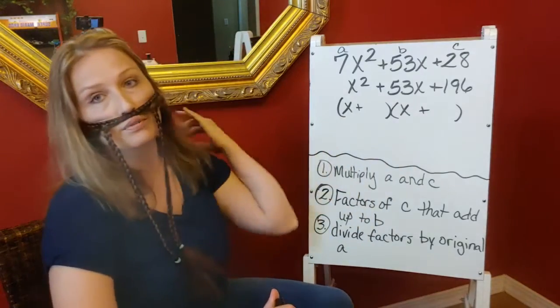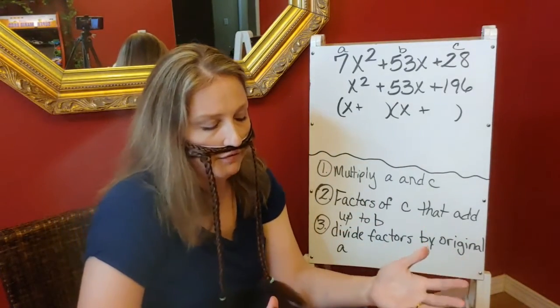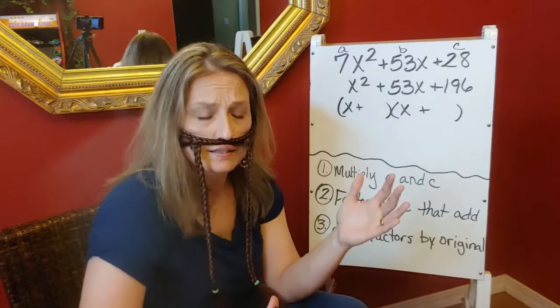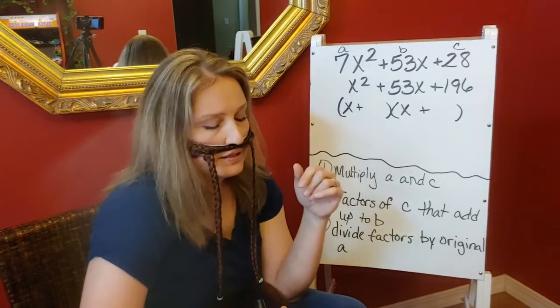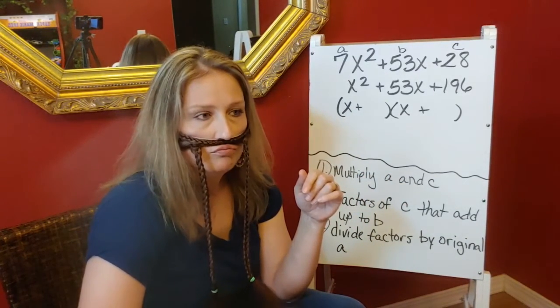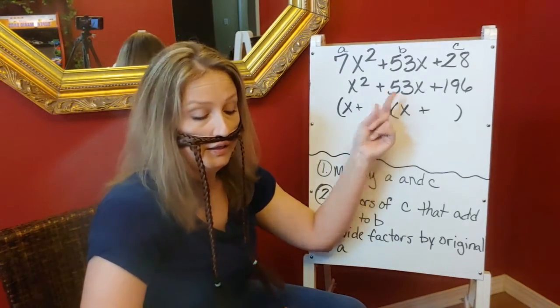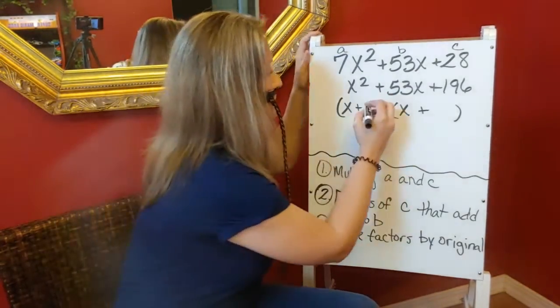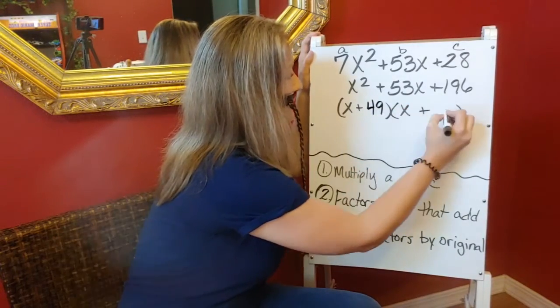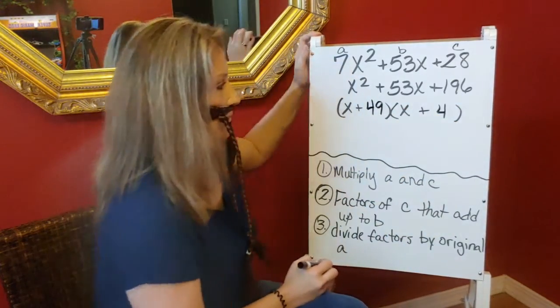Okay, so I found a couple of factors of 196. Turns out that 196 is 49 times 4. When I add those together, I get 53. Okay, so I know my factors are going to be 49 and 4.